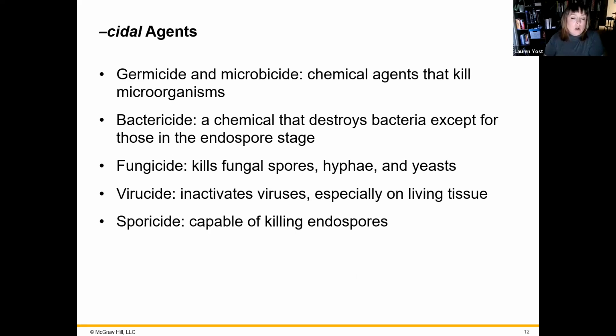So with bactericides, we're talking about the vegetative forms. Fungicides kill fungal spores, hyphae and yeasts, anything related to the fungi. Virucides will inactivate, or like what we would say kill, but they're not alive, right? So inactivating viruses, especially in the living tissue. And then sporicides, these are able to kill the endospore forms.